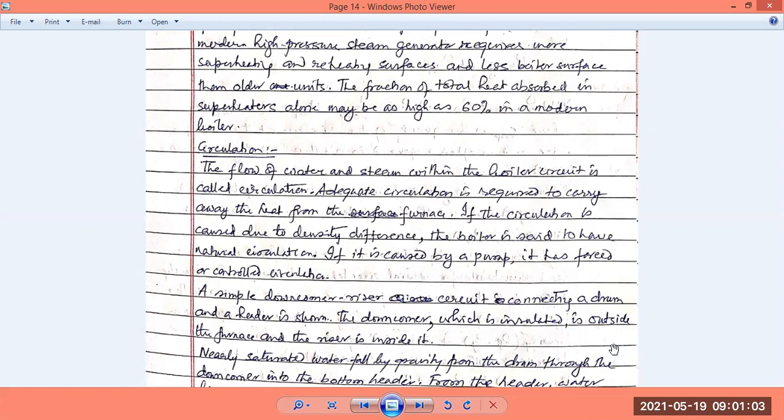It is an extremely important thing which we have to manage according to the need. Adequate circulation, adequate movement of fluid, is extremely required to carry the heat from the furnace. What the liquid water or gaseous water, that is vapor, is doing inside the circuit is mostly carrying heat from the furnace.